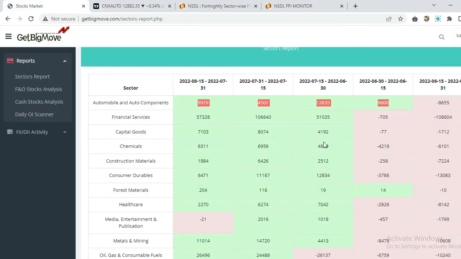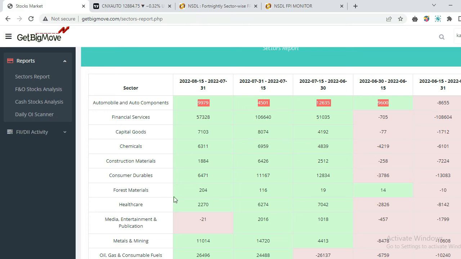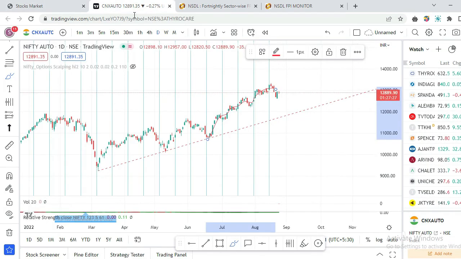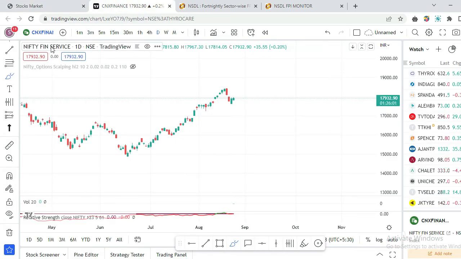We can test some other sector also. Let's go to financial services. Now we'll test financial services. Going back, I have applied the Nifty Finance chart.